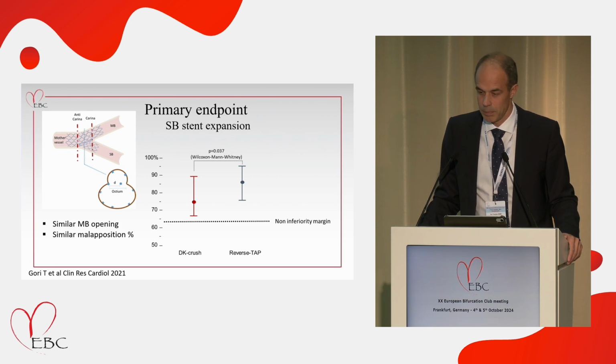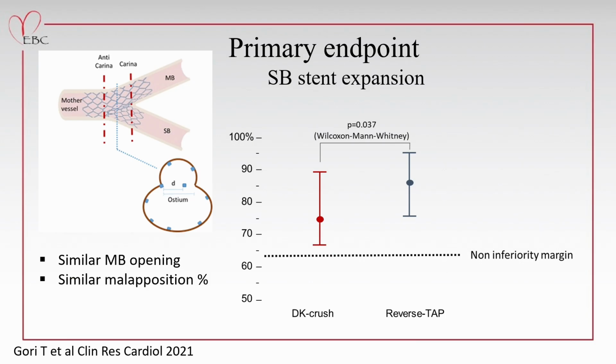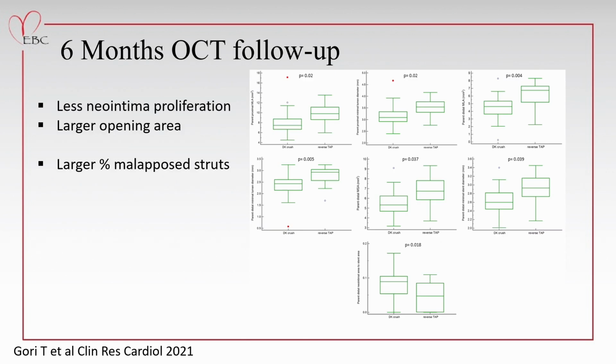On post-hoc analysis, the reverse TAP method actually showed superiority in terms of side branch stent expansion as compared to DK Crush. Other than that, there was very similar main branch opening data, and a similar malapposition in both groups. This shows the 6-month OCT follow-up results summarized on the left side.